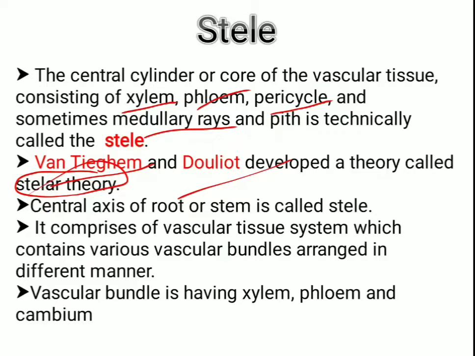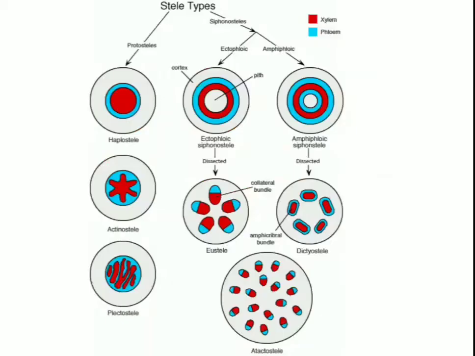The vascular tissue is developed from vascular bundles, and a vascular bundle is made of xylem and phloem, and sometimes a cambium ring is present. This is the diagrammatic figure of stele and stele types.